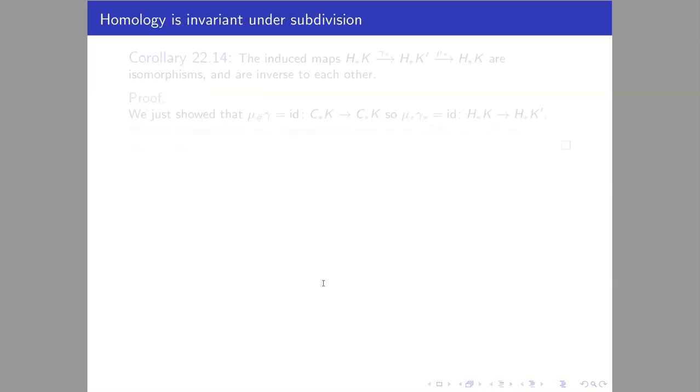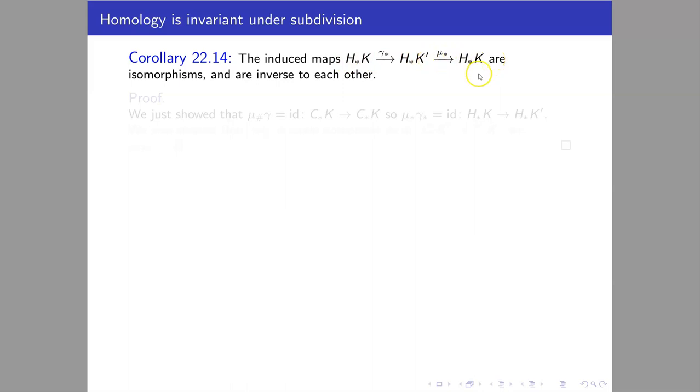Okay, but now we can prove as a corollary that these maps gamma star and mu star on homology groups, gamma star from the homology of K to the homology of K prime, and mu star in the opposite direction, are going to be isomorphisms inverse to each other.